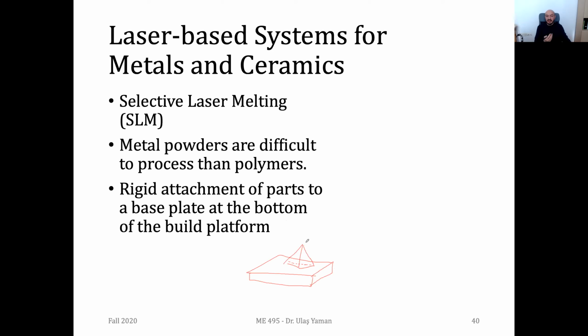They may use wire EDM, electrodischarge machining. So they should find a way to remove this part from the substrate. This is a fundamental issue in selective laser melting. You cannot directly print your product on the bed. Otherwise, you will harm your bed and you will not be able to use it the next time.